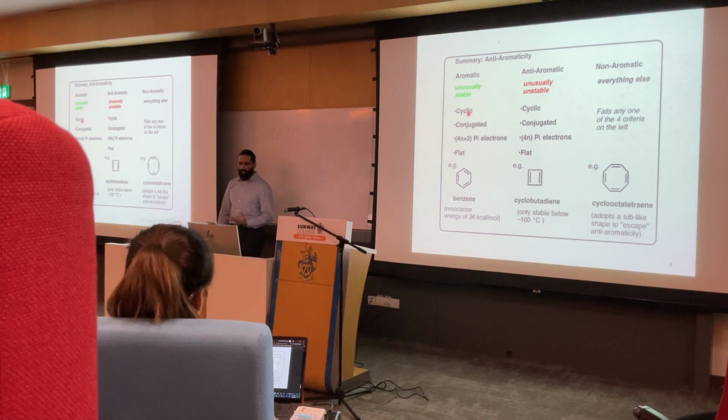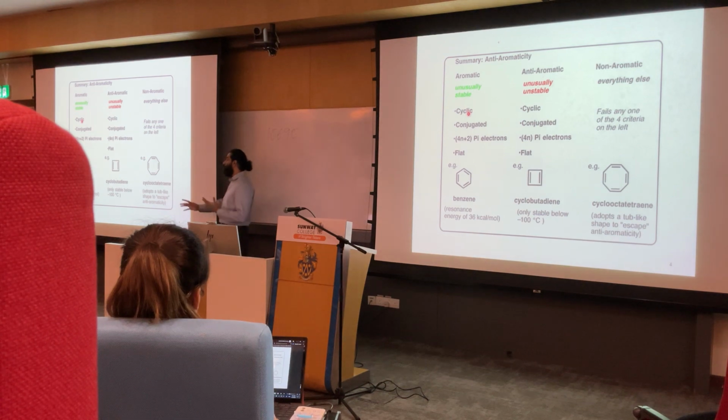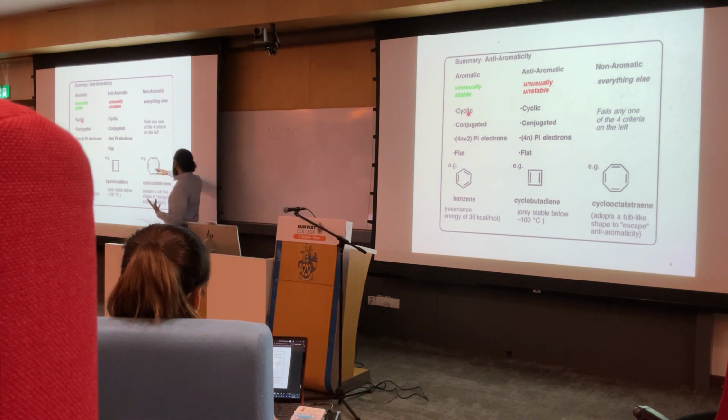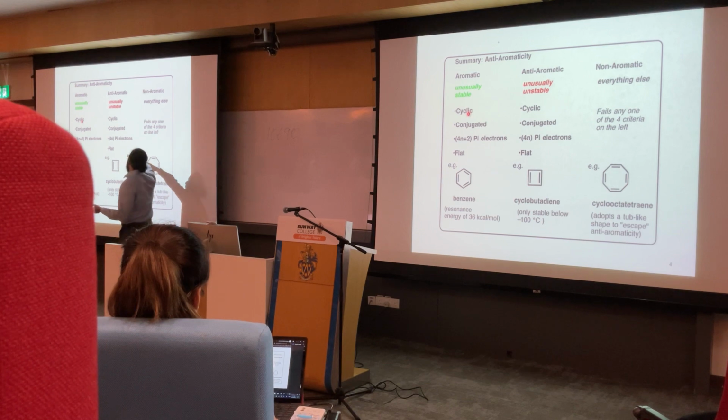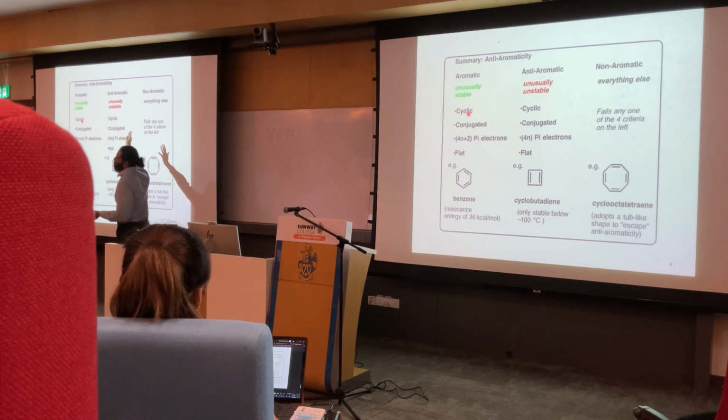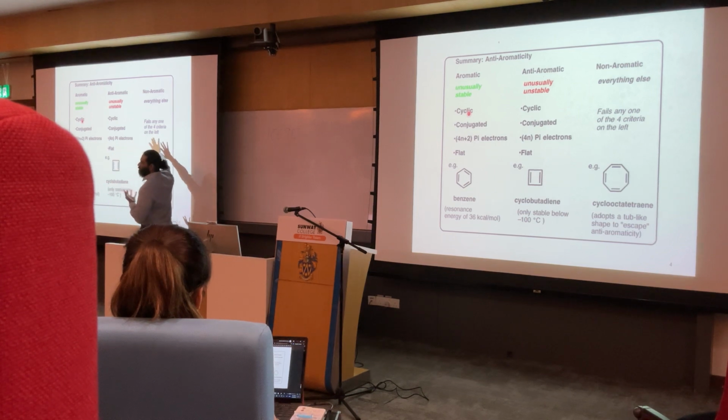Another possibility is that some compounds are simply called non-aromatics. This is not a different class, but if a compound follows all of these rules except any one rule, then you can simply call it a non-aromatic compound. So this is not a separate class. If you don't remember it later, that's fine as well.